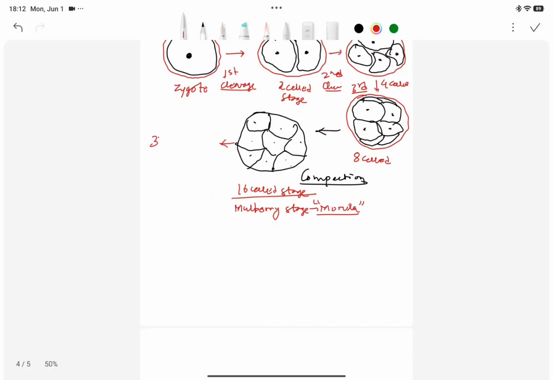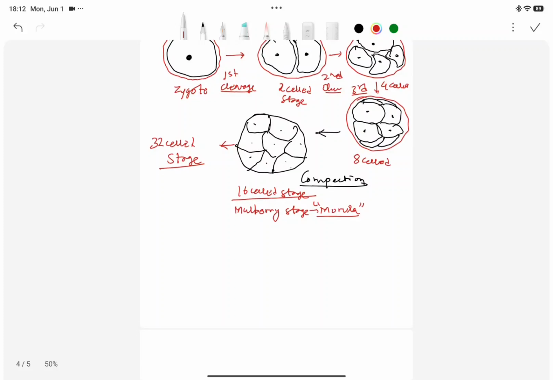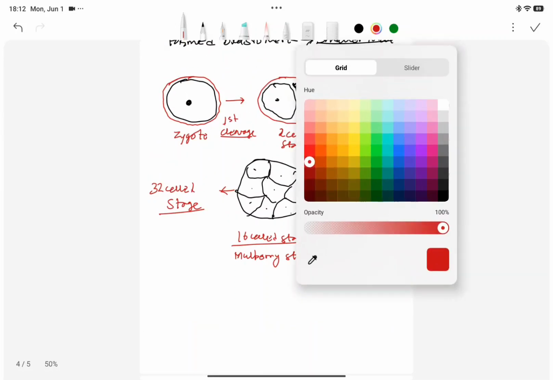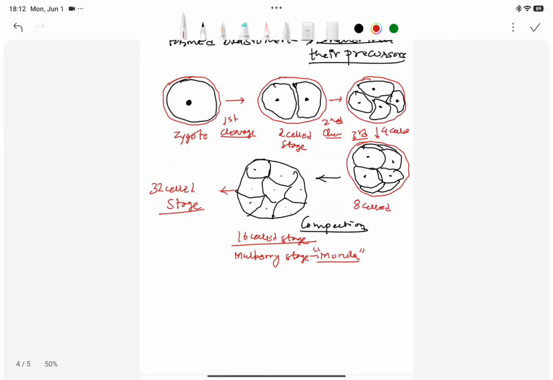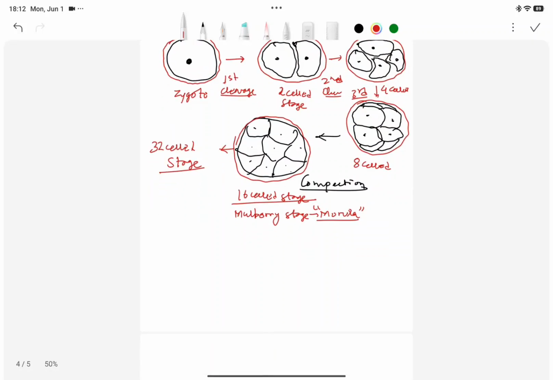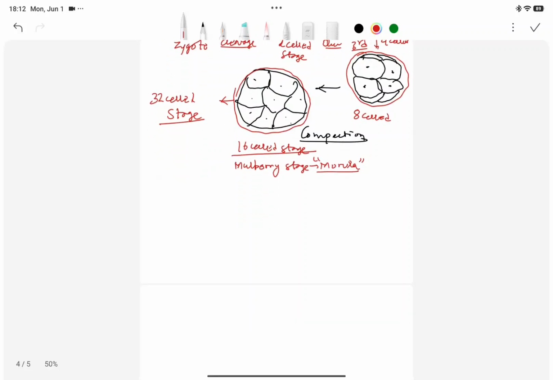After 16, it will come to the 32-cell stage. Obviously, there is the outer covering of zona pellucida. There is a compaction after the third cleavage.